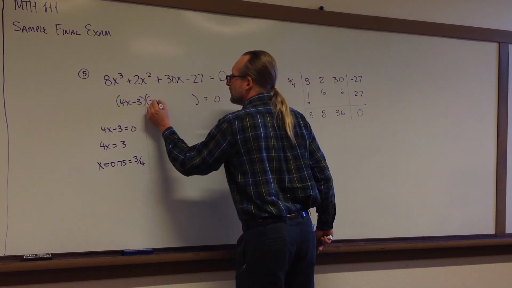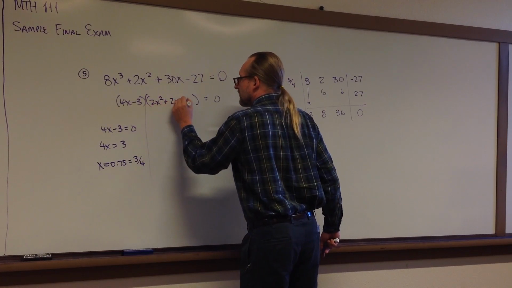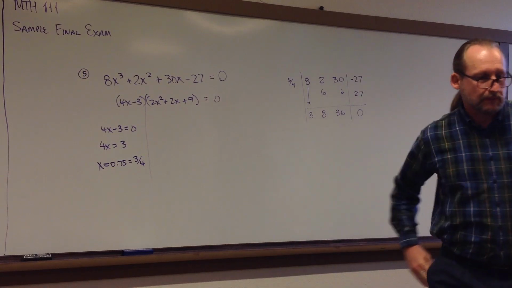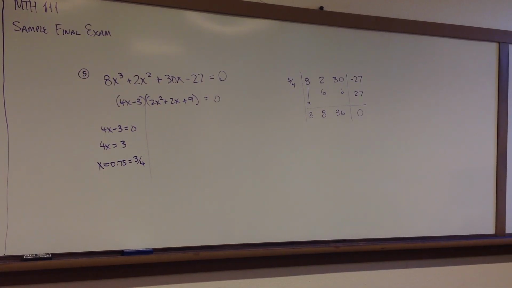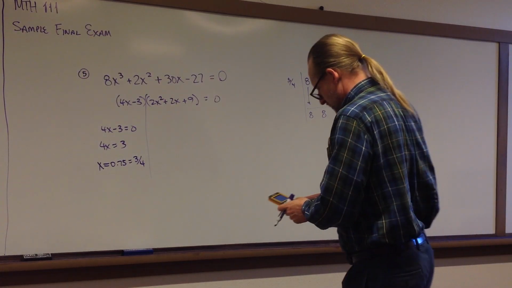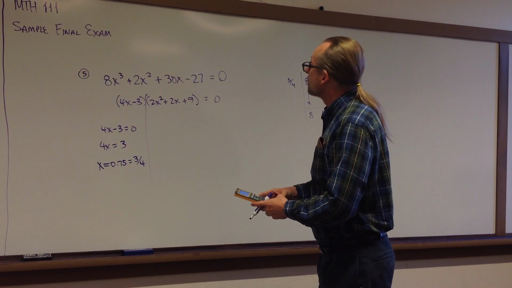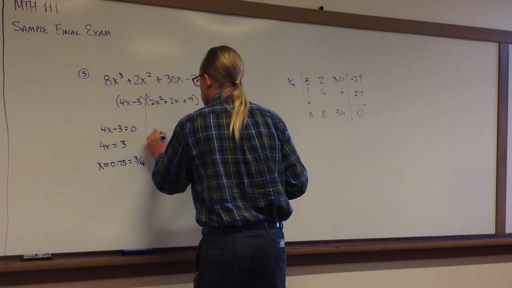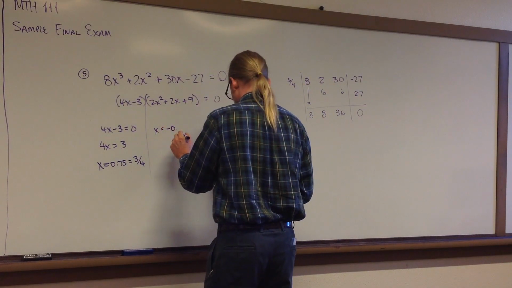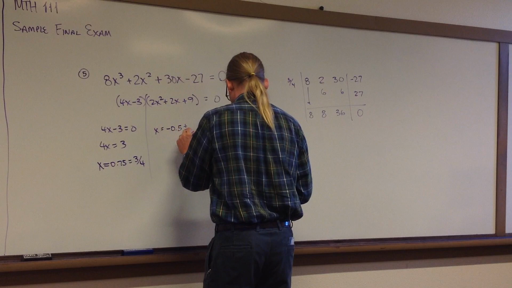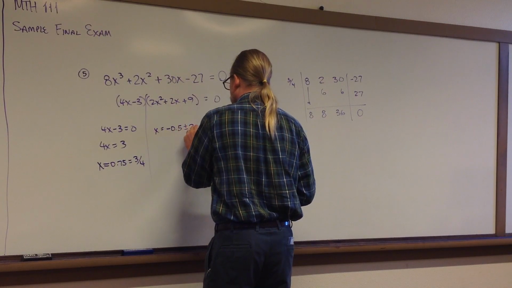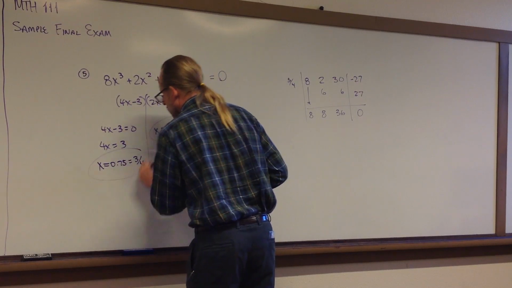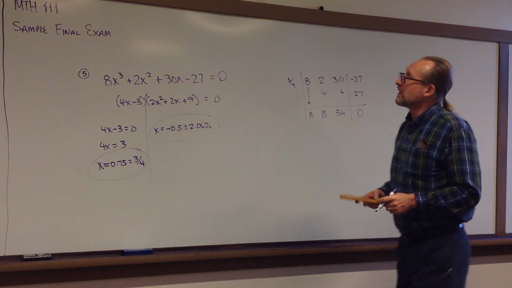So this is 2x squared plus 2x plus 9. And then we'll run that through the quadratic and get our complex roots here. So complex roots are going to be negative 0.5 plus or minus 2.062i. So 2 complex roots, 1 real root, and there we go. That's number 5.